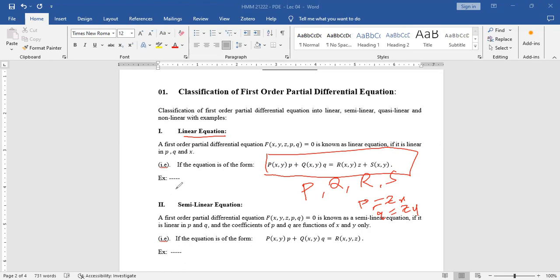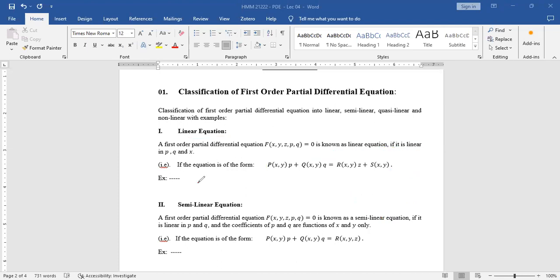For example, the linear equation can be in this way. Please write this down: x squared p, small p, plus x y squared q, equals x y z plus x squared y.